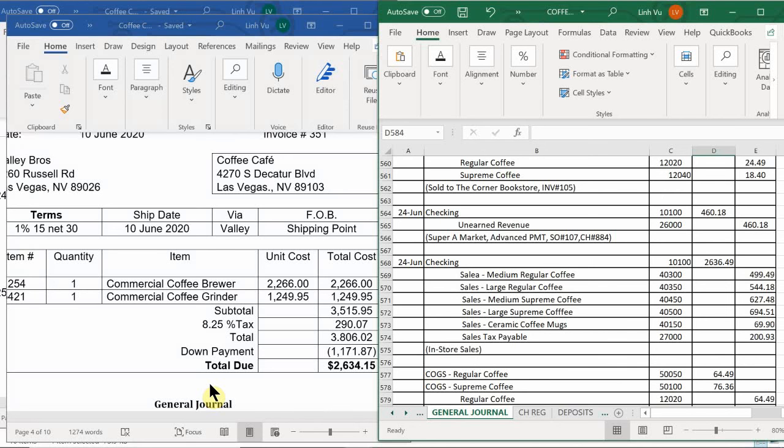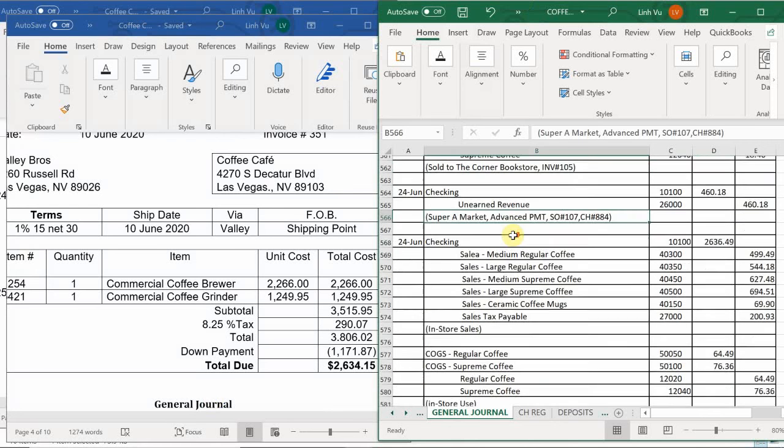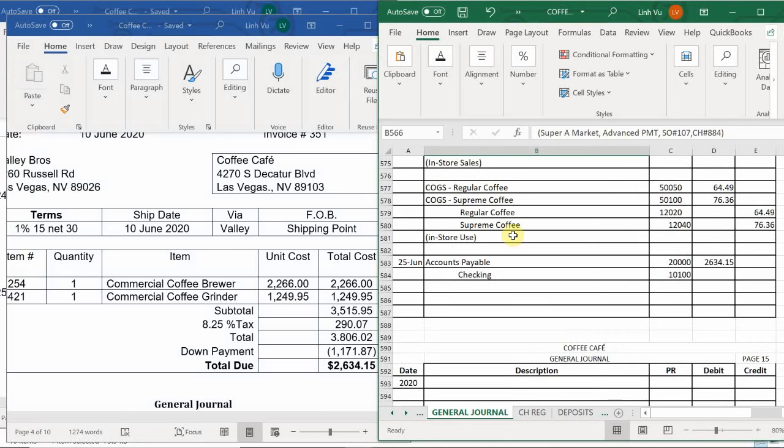So in this case, I have to distribute 1% because that's how much my discount is for. But I have it for the coffee brewer and the coffee grinder. The check that I'm going to write is going to be significantly less than what I actually owe.